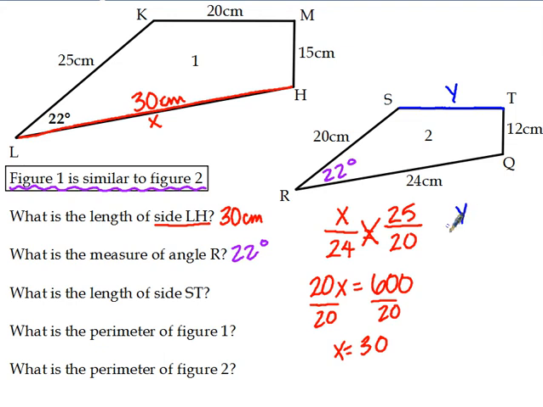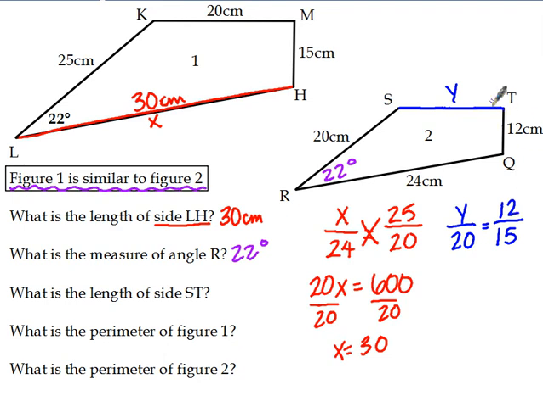And then my second fraction, I can use any of the three pairs because I now know that this side is 30. So I could use 20 over 25 again, I could use 24 over 30, or I could use 12 over 15. This time I'll use a different one. I'll use 12 over 15. And again, make sure that you're lining up these properly. Y comes from this figure, and that's on top. So 12 comes from this figure with the y, so that also needs to be on top.